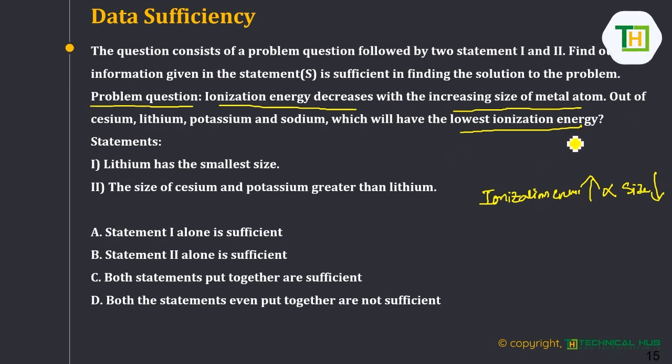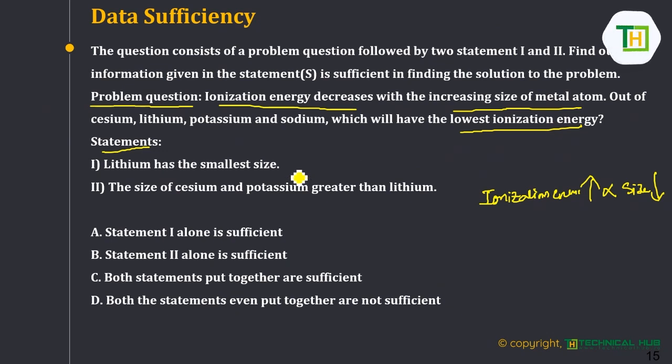Find that one. Understood or not? Ionization energy decreases as size increases, and ionization energy increases as size decreases. So to find the lowest ionization energy, find the biggest size among the given atoms.